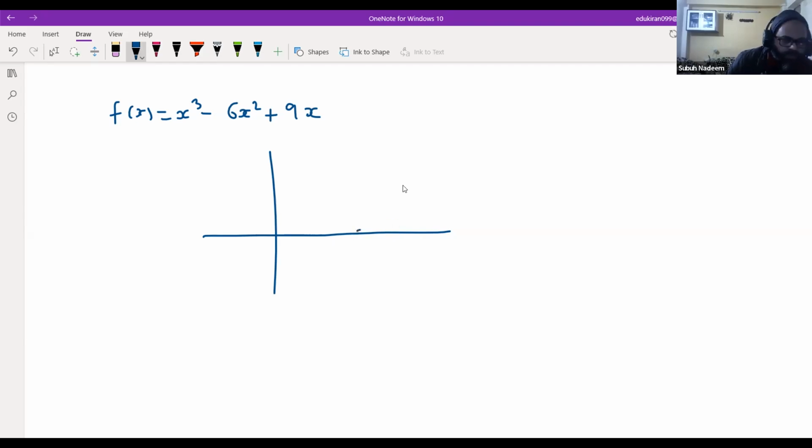So it is like this. This is the graph of this function and this is the equation of this function.